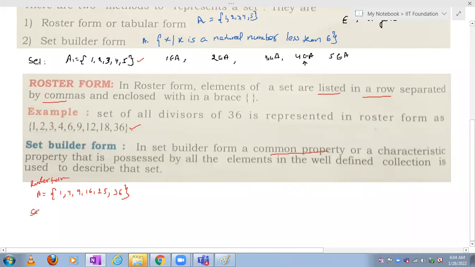In set builder form, how will you write? These are like 1 square, 2 square, 3 square, 4 square, 5 square, 6 square, right? I can write x square such that x is less than 7, or less than or equal to 6. Got it?